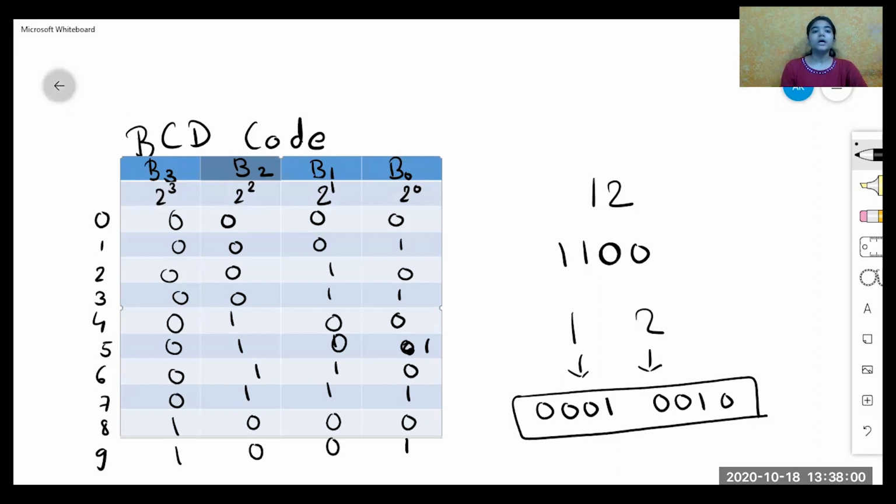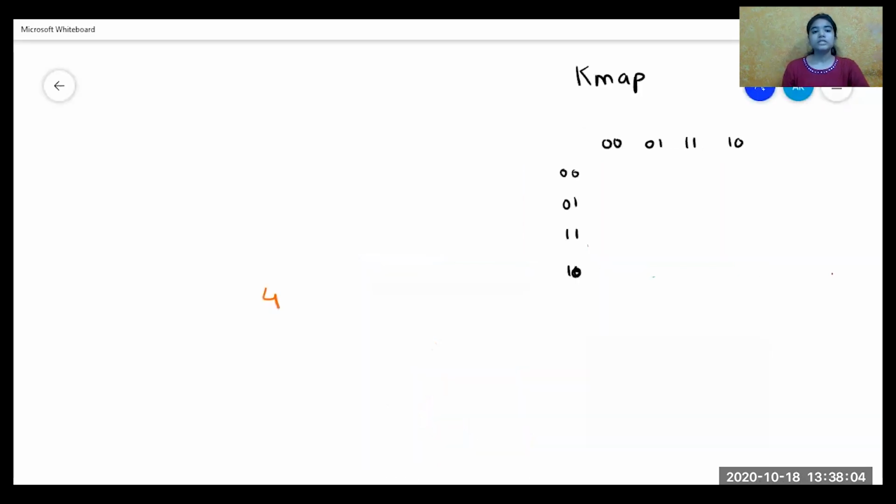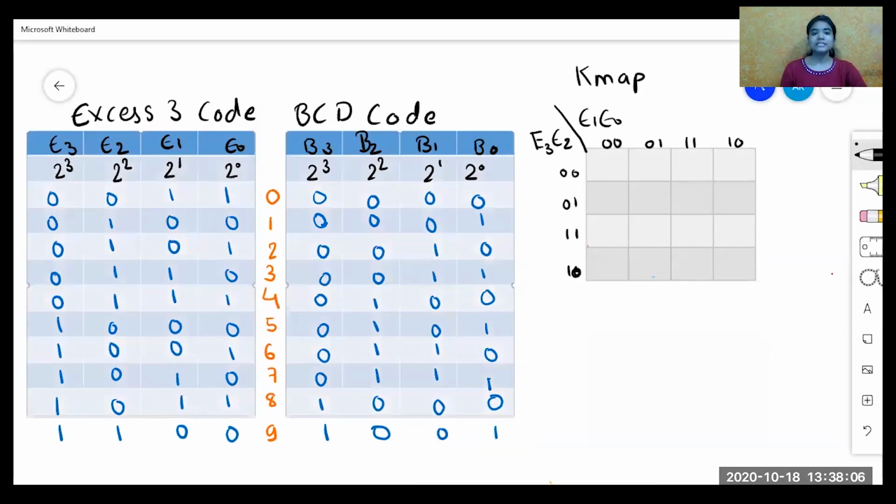Okay. So now let's move to the K-maps. So this is what we have seen, the XS3 code and the equivalent BCD code for the numbers ranging from 0 to 9. So first, let's draw the K-map for the output B3. What we are supposed to do is look at the column of B3.